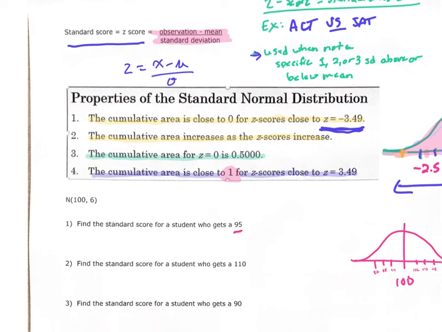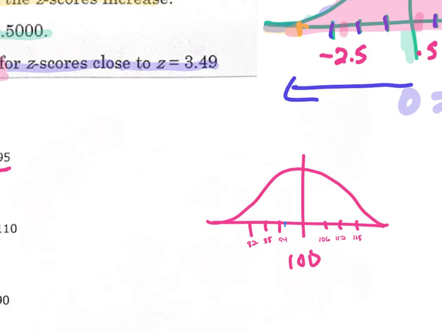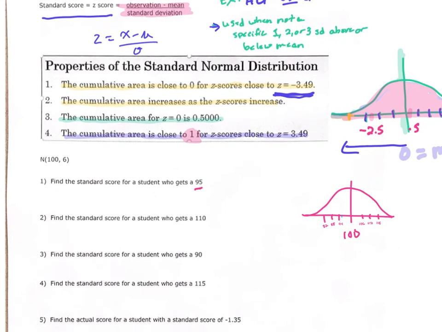So I also want you to think about approximately where this would be, right? If we have a score of 95, that's right here. So it's just above 1 standard deviation below the mean. So it's below the mean, but it's not quite 1 standard deviation below the mean. So I want you to notice what type of answer we get here for our z-score. To compute our z-score or our standard score, we're going to do observation, which is our observation of 95, minus our mean, and then all over standard deviation.